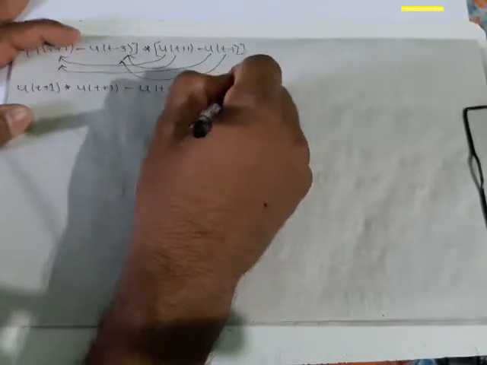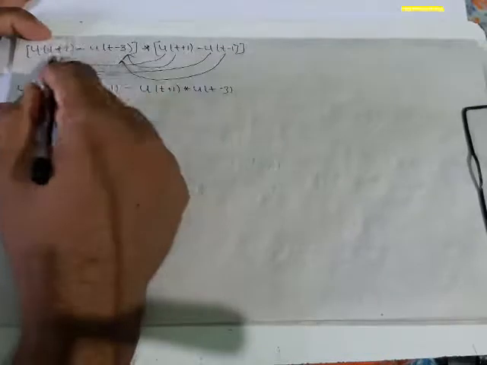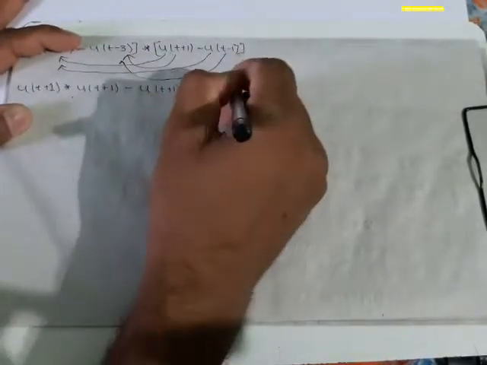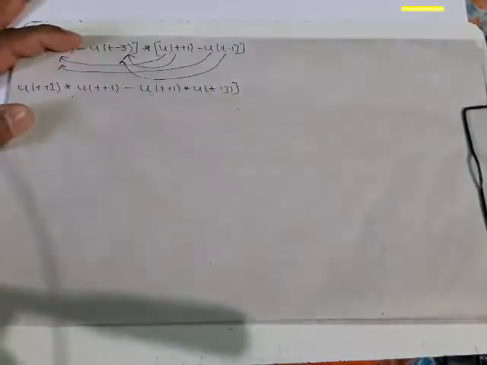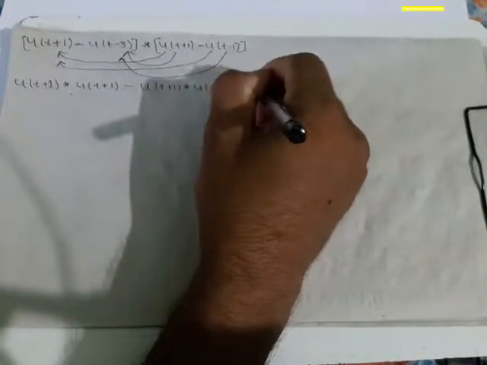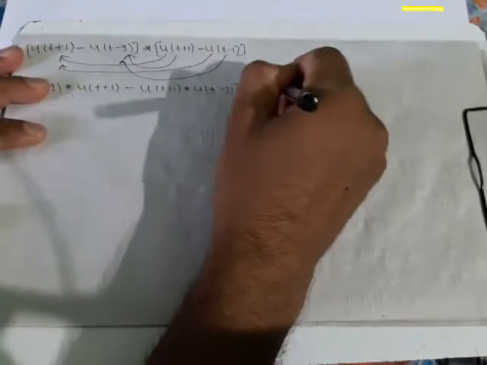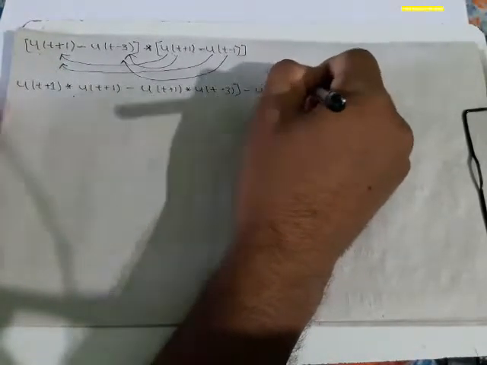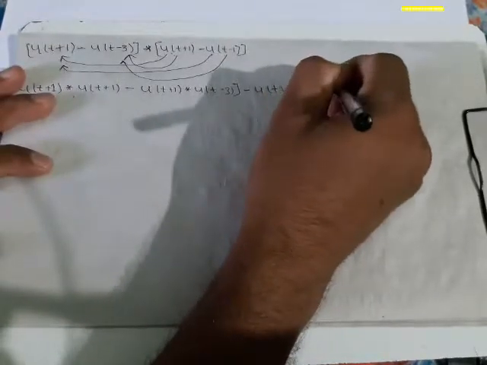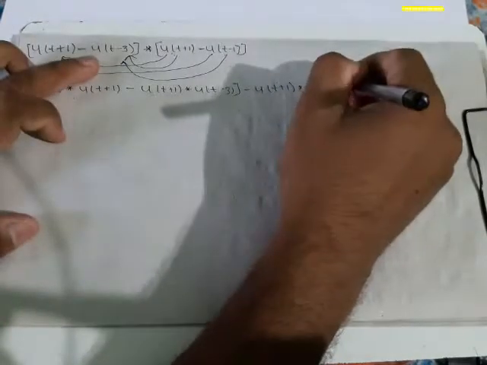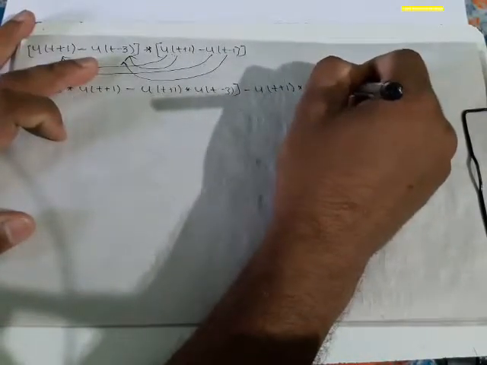So it will be r of t plus 1. And from the property we already know that if x of t minus alpha is convolved with h of t minus beta, then y of t equals t minus alpha minus beta. This is the property.